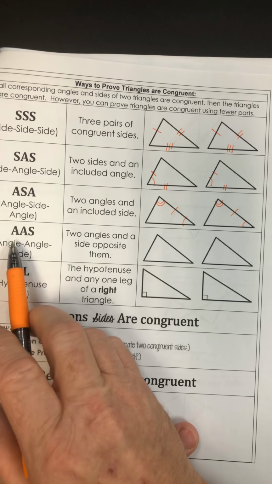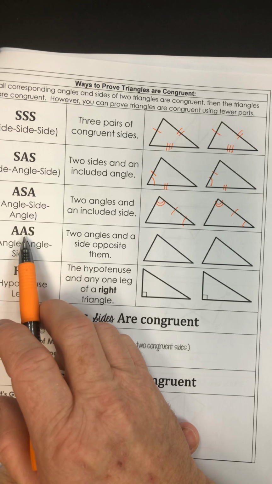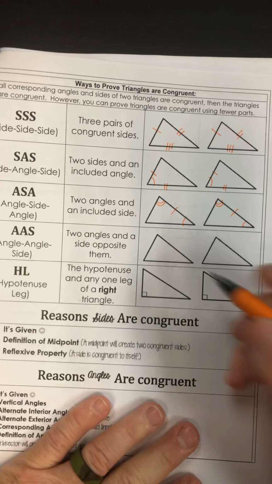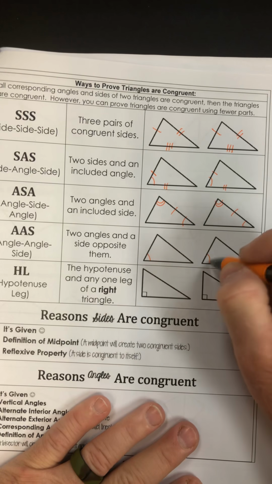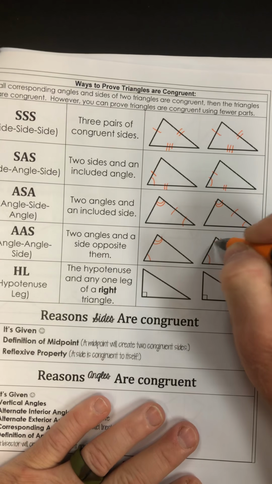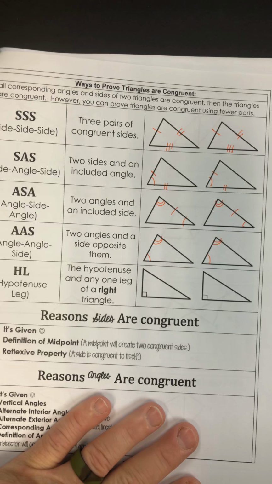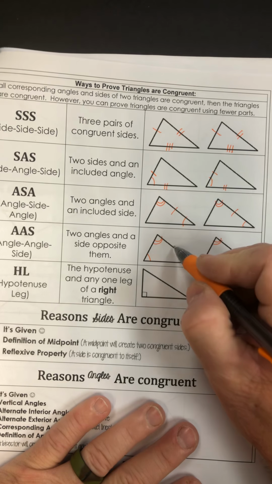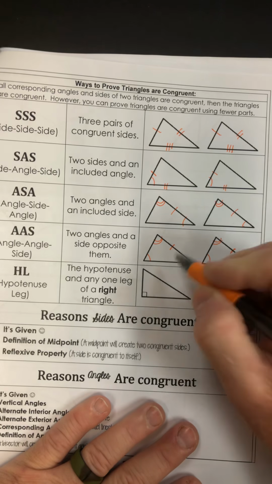And the other one, angle, angle, side, just means you have two angles and a side. It could be any two angles, let's say this one and this one. So the side you would need would be one of the other two, these two over here. Maybe this one, or it could have been the other one.